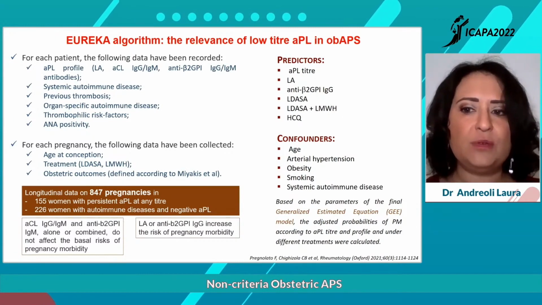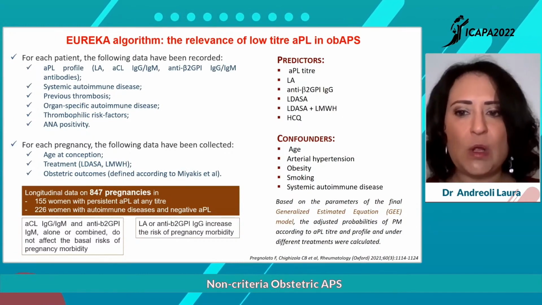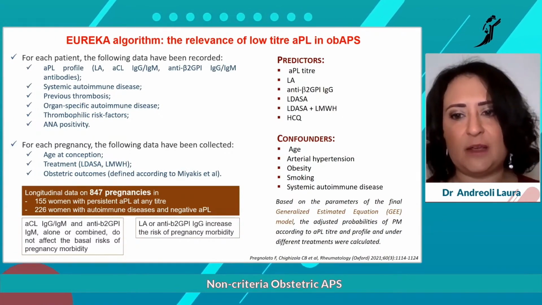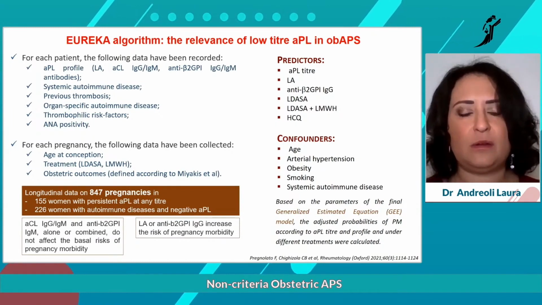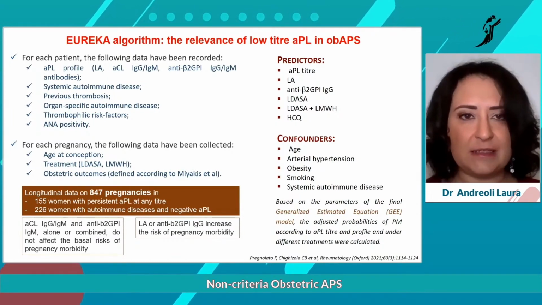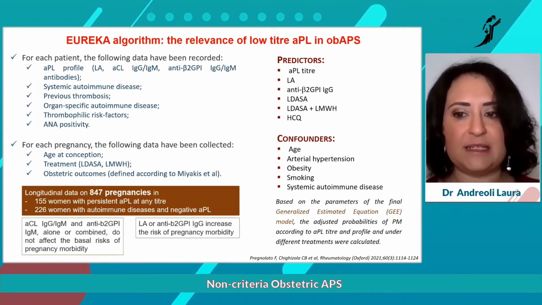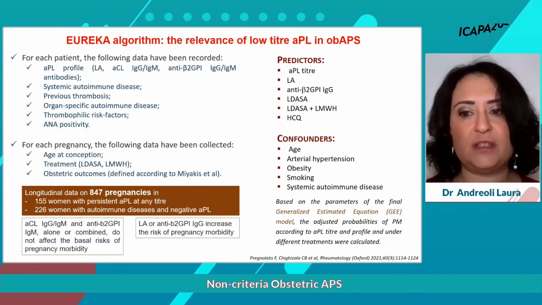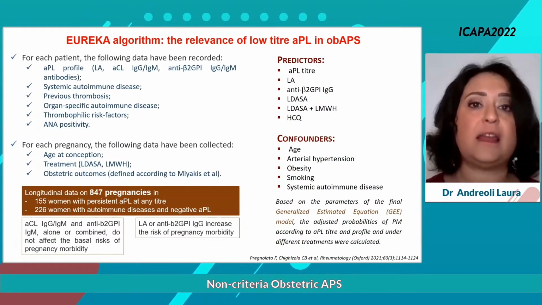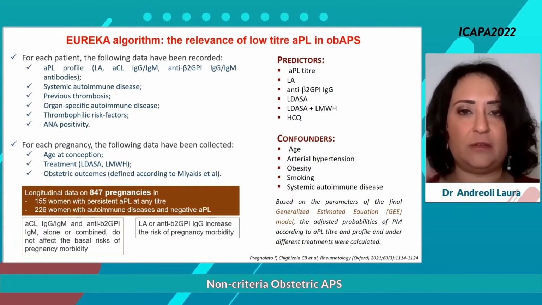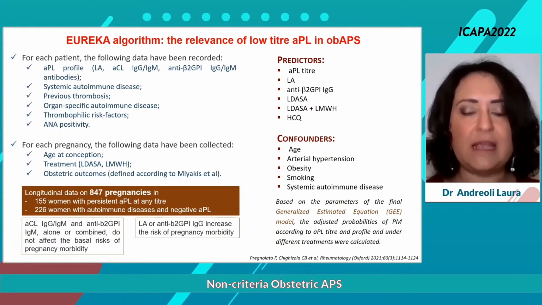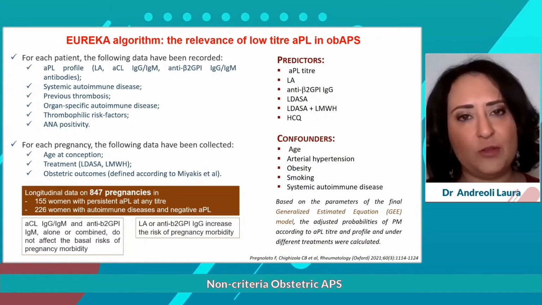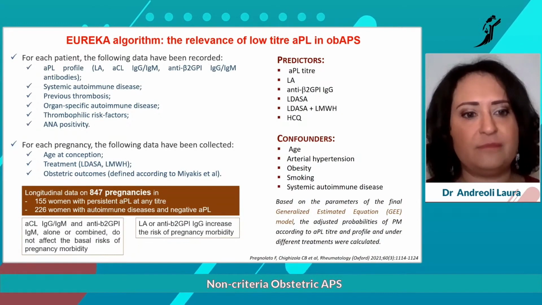And so by using a model called generalized estimating equation, they were able to adjust the probabilities of pregnancy morbidities according to the APL titer and the APL profile, so the combination of the three criteria tests. And so what was the output of this algorithm?